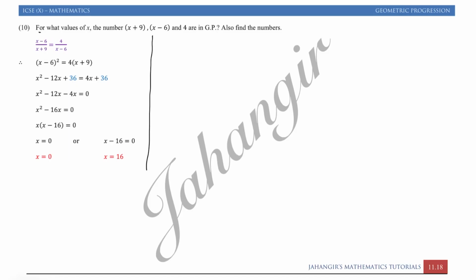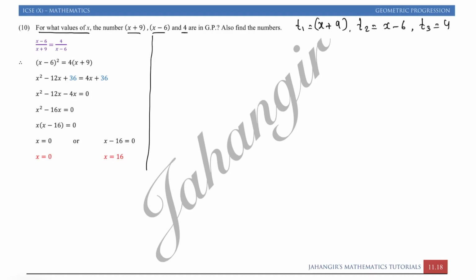Question number 10. For what value of x the numbers x plus 9, x minus 6 and 4 are in GP? Same way we have three terms. First term T1 is x plus 9. Second term T2 is x minus 6 and third term T3 is 4.